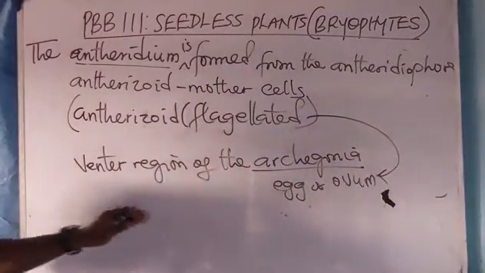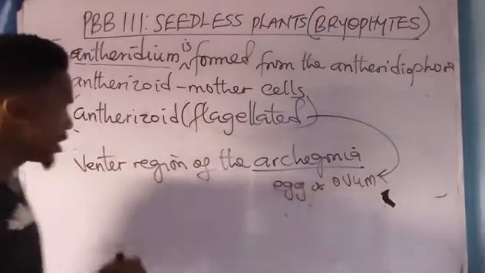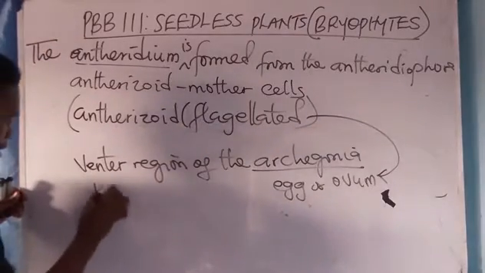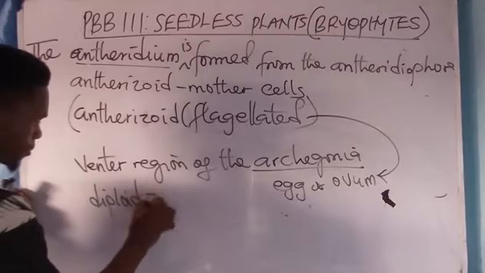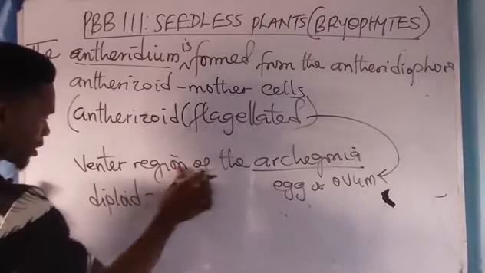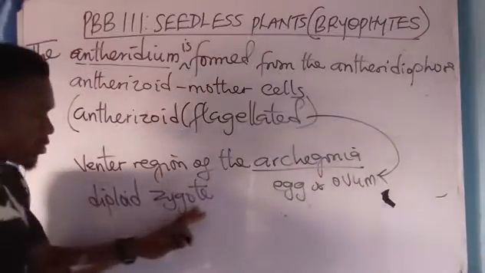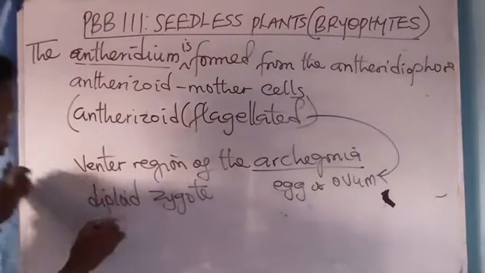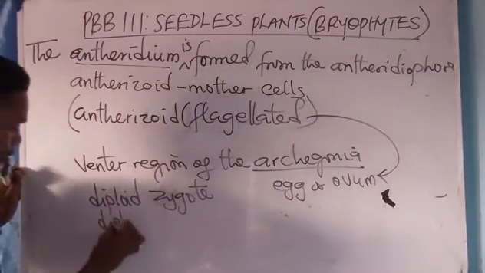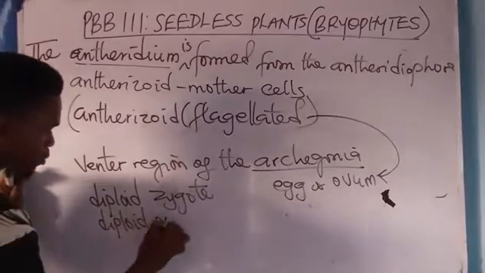Water is needed. As soon as it fertilizes this egg, it produces what? A diploid zygote. This zygote is called what? A diploid oospore.